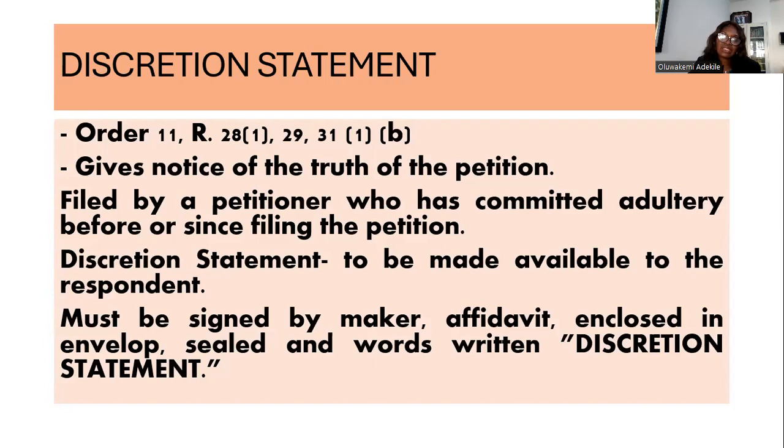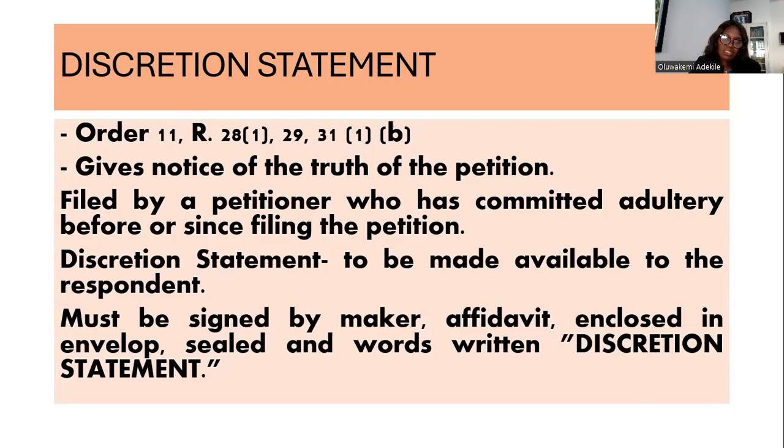For instance, he has filed the petition today, December 14, 2023, and then he commits adultery December 24, 2023, and the case will be heard January 2025. He should file a discretion statement. Or the petition is filed today, December 14, 2023, but adultery was committed October 10, 2023. He should still file a discretion statement.